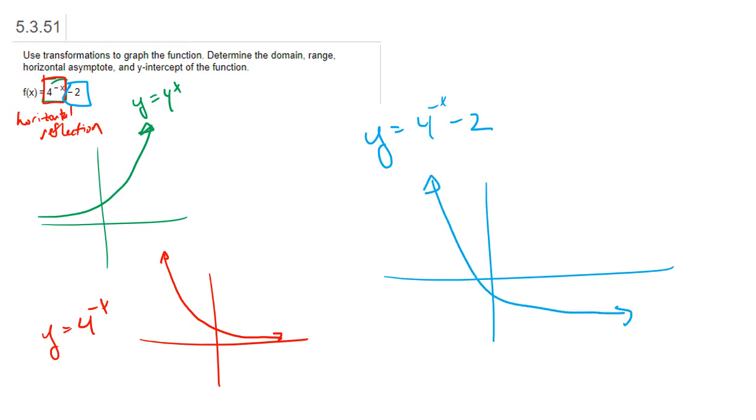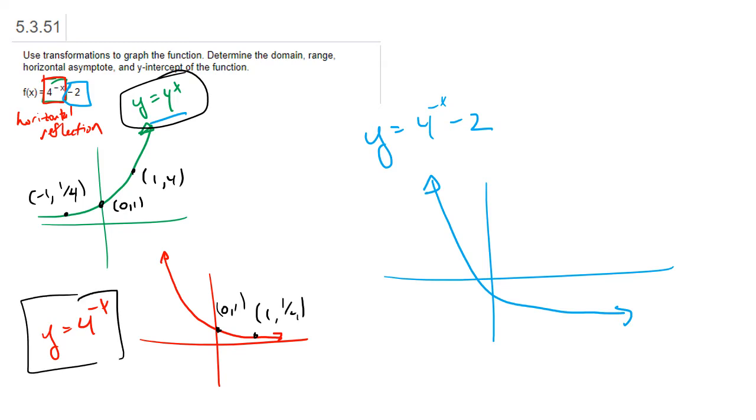Okay, in terms of points, if I just started at 4 to the x, we would have the point 0, 1, and then we would have, for example, 1, 4, and we could have also negative 1, 1 fourth. Okay, note this is not the function we have at the end, this is just for the function 4 to the x. When I do this horizontal reflection, this remains 0, 1, but now I have 1, comma 1 fourth, and this is for the function 4 to the minus x, negative 1, 4.